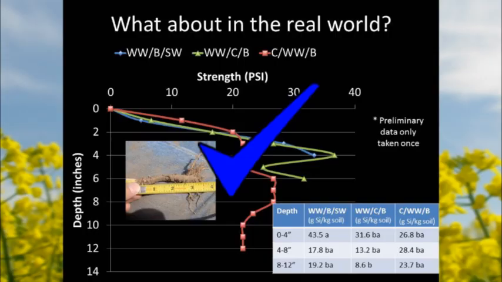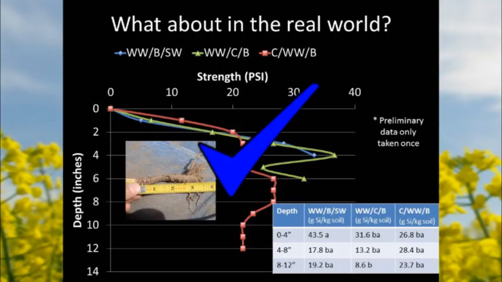So I also took soil samples at these different depths, 0 to 4, 4 to 8, and 8 to 12 inches. And at least in the top, they followed the same pattern. So the cereals rotation had the highest amount of silica, followed by the green bar and then the red bar.